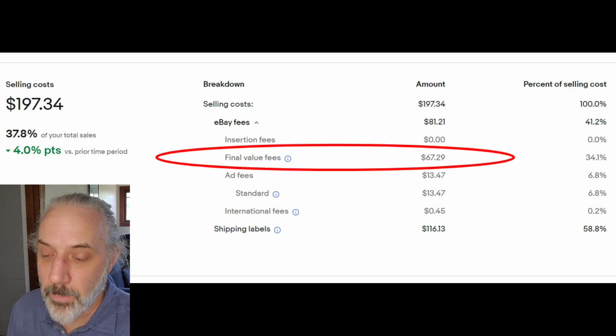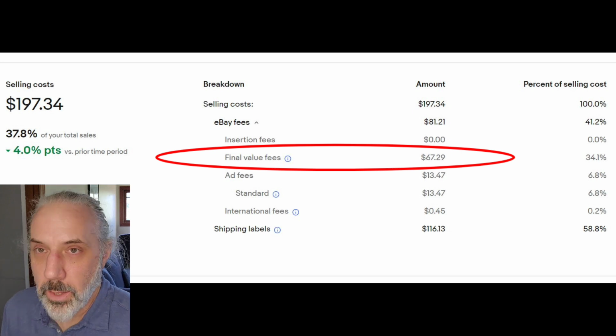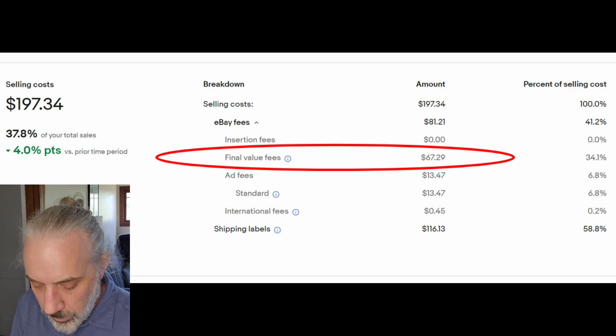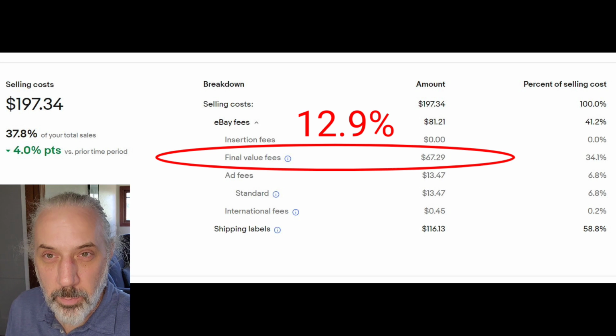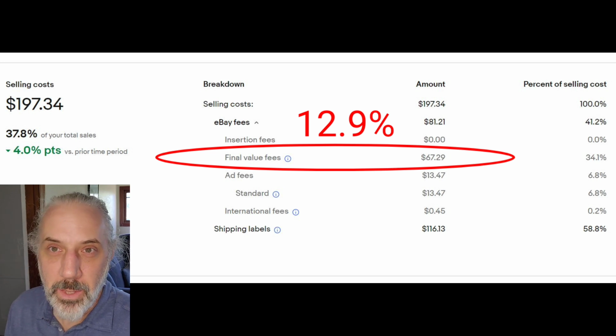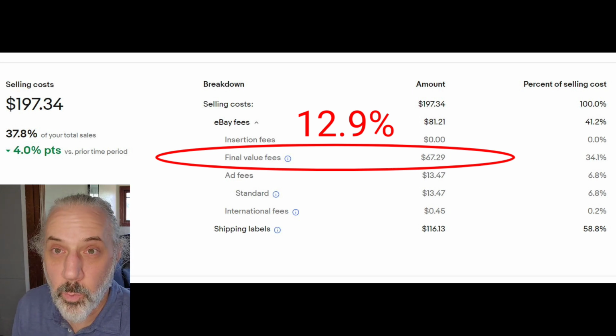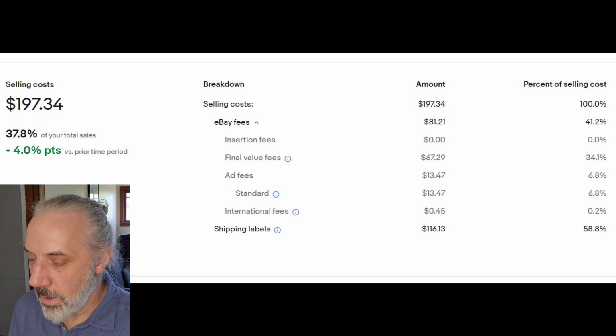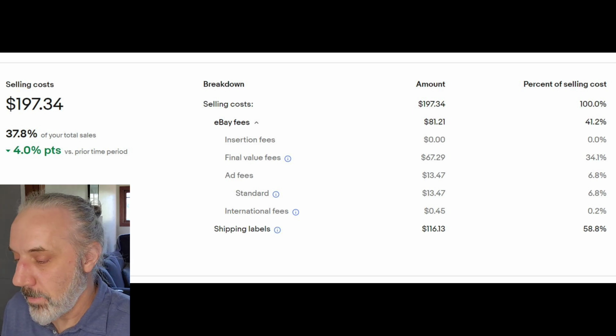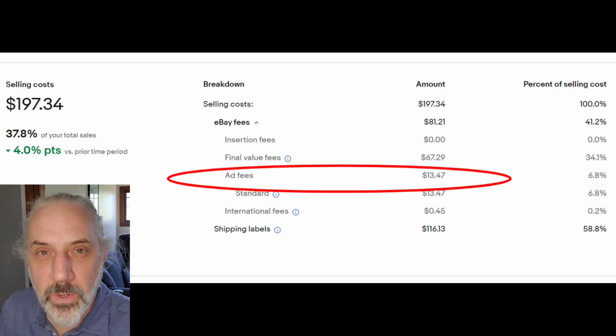If I divide that number by my total sales for the week, that turns out to be 12.9%, which is right in line. With eBay fees you can typically plan on around 13% for the final value fees. Also I have some ad fees here of $13.47.